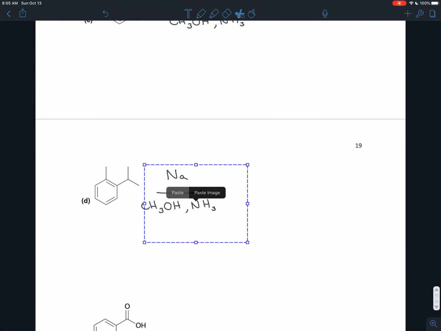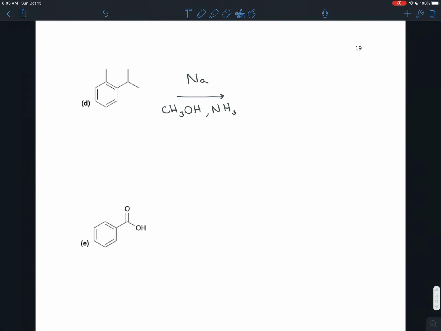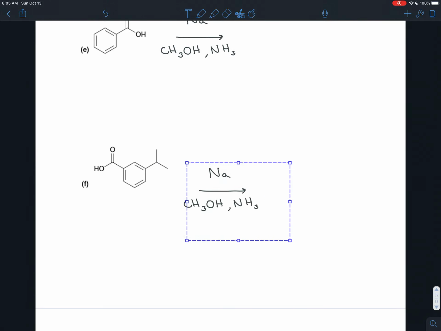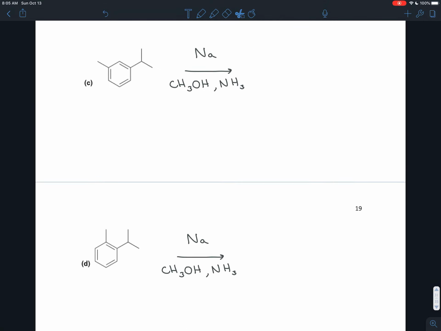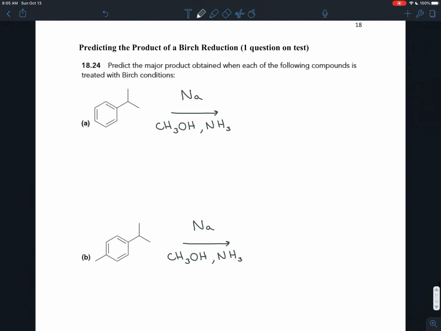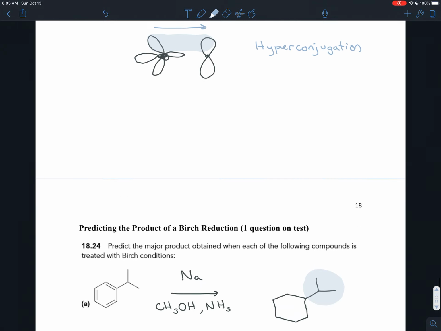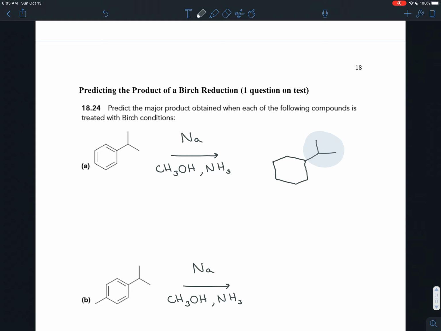So that's what we're treating each one of these with, and the question is, what's the product going to be? With each of these Birch conditions, we're going to do a reduction. We're going to make more bonds to hydrogen in the ring in each of these cases. The question is, where will we add the hydrogens? And that depends on whether the branch that we have on the molecule is electron withdrawing or electron donating. This is an alkyl group, so it's going to be electron donating through hyperconjugation.